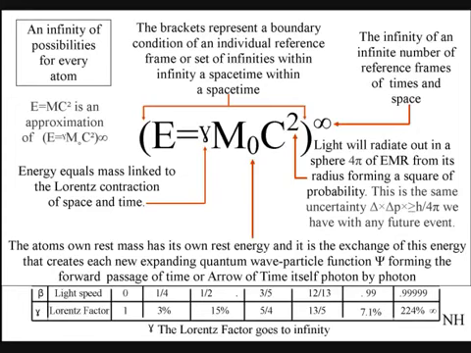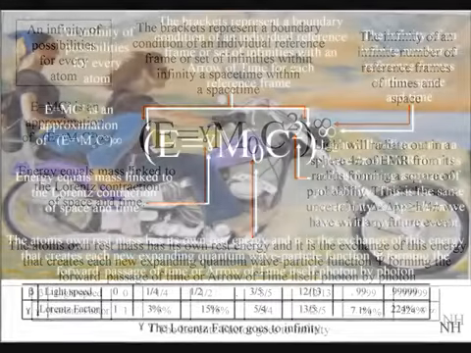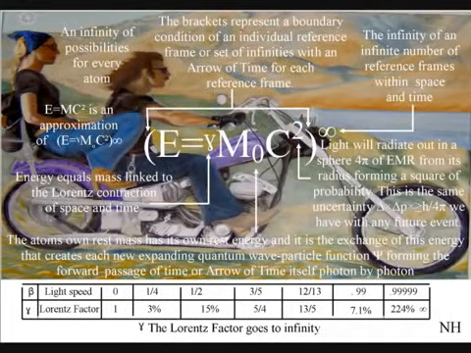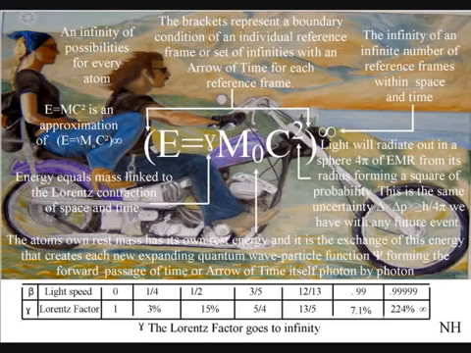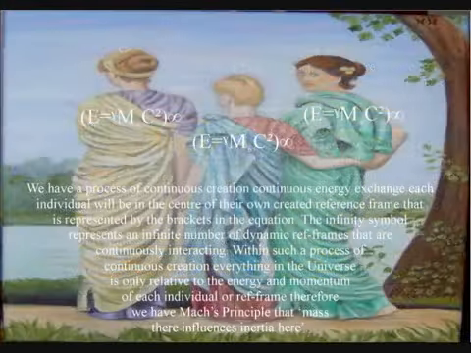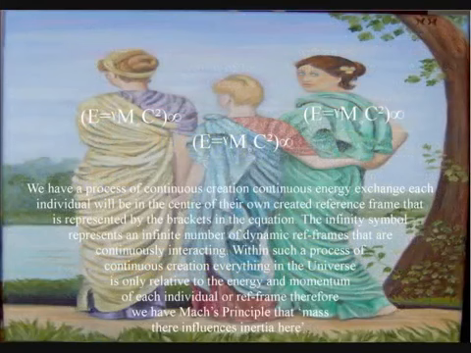The C squared is light radiating out in all directions, forming a sphere of probability. It is a probability wave of a potential future event, and during the act of measurement, the magnitude squared, or C squared, gives a probability for different potential future outcomes. The brackets represent the dynamic boundary condition of the reference frame.